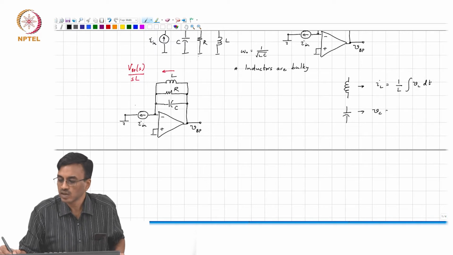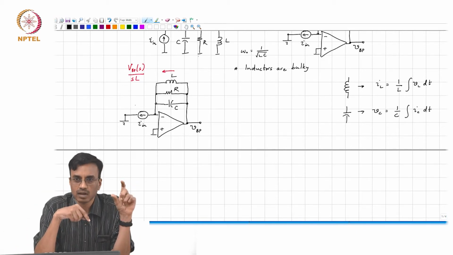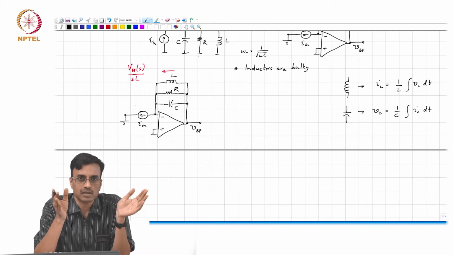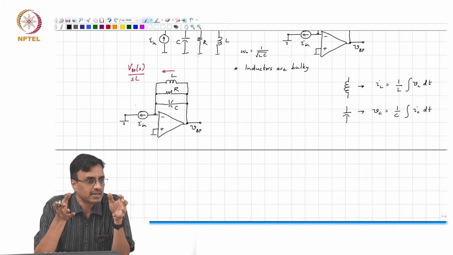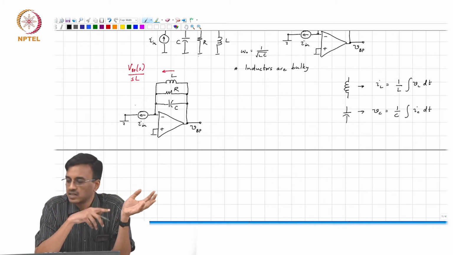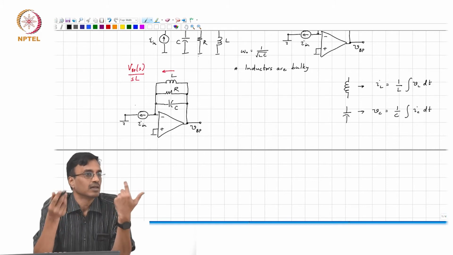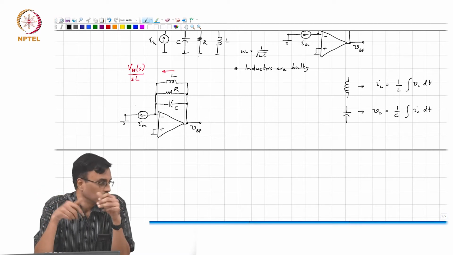Vc equals 1 over C integral IC dt. So you can see that whether it's the inductor or the capacitor, both of them are performing the mathematical operation of integration, correct? The inductor, however, integrates voltage and generates a current. The capacitor integrates current and generates a voltage, okay?